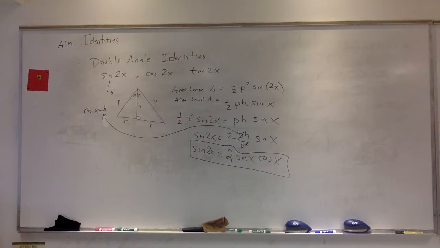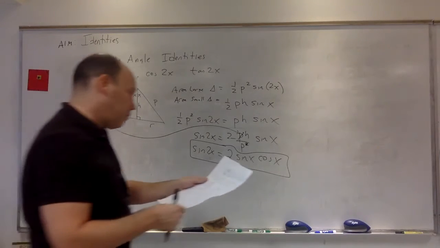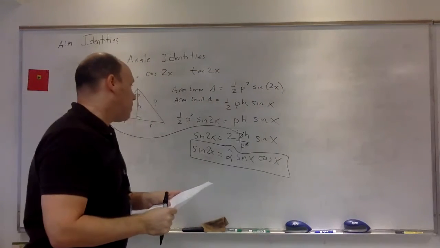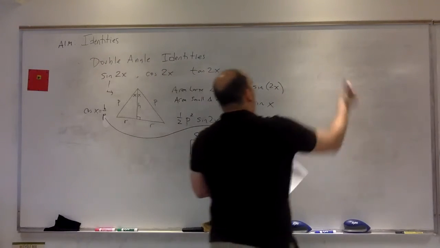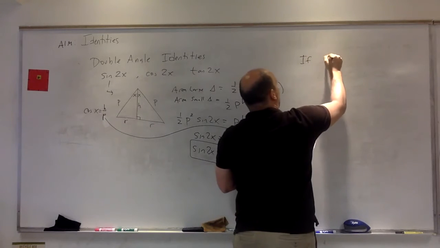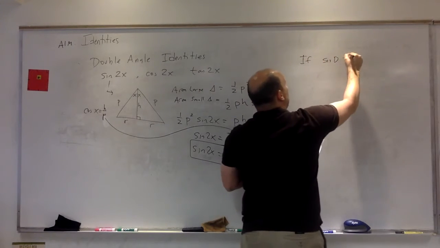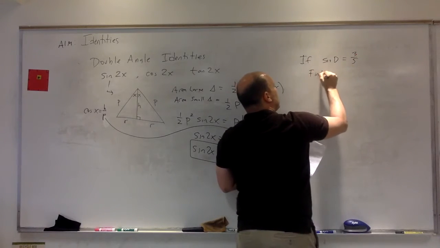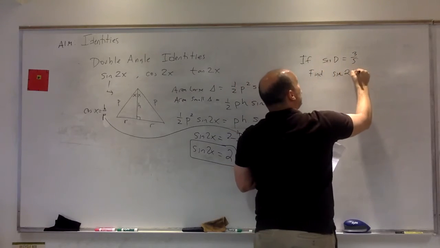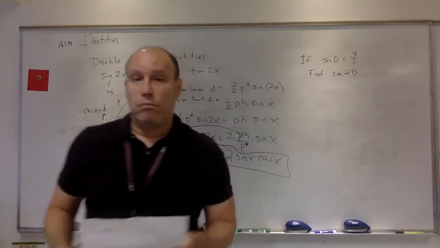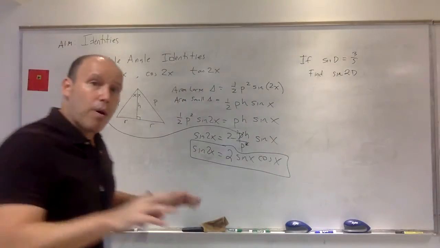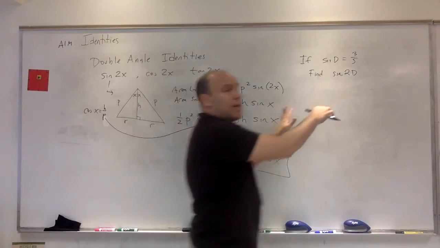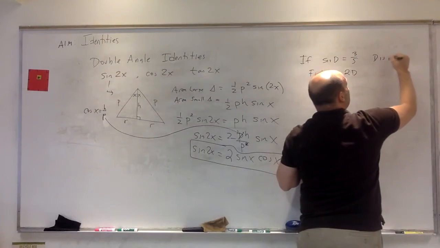To find sine of 2d, I need the sine and the cosine. That's no big deal, because I know from my diagram, if this is 3 and 5, this other side is 4. Therefore, the cosine of d is 4/5, and therefore the sine of 2d is equal to 2 times 3/5 times 4/5, which is 24/25.